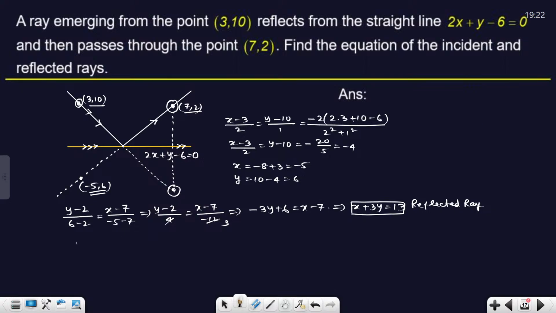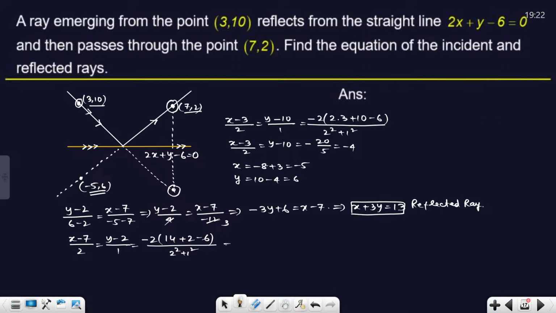So what is that point? x minus 7 over 2, y minus 2 over 1, equals minus 2 times (14 plus 2 minus 6) divided by 2 square plus 1 square.